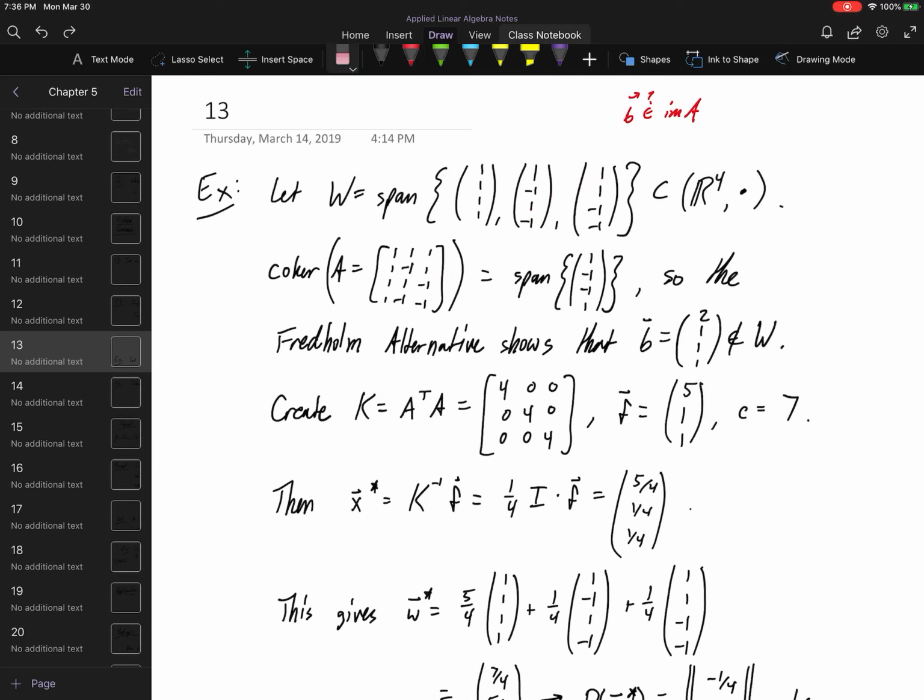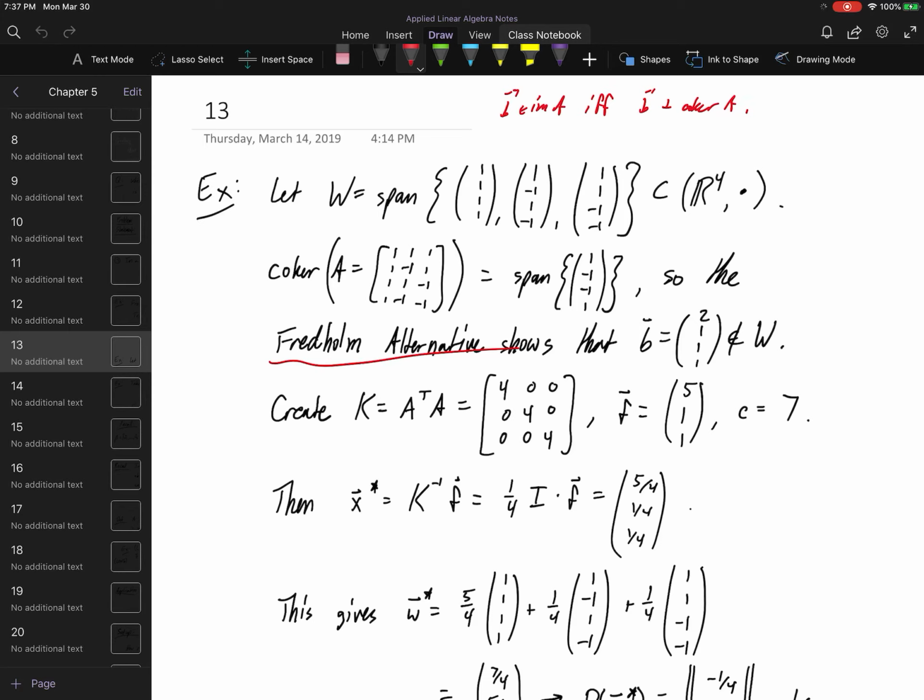We solved this back in chapter 4, saying that B is in the image of A if and only if B is perpendicular to the co-kernel of that matrix. So that's exactly what we're checking here.